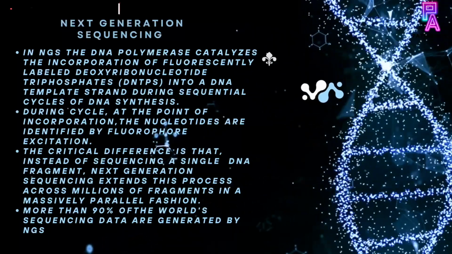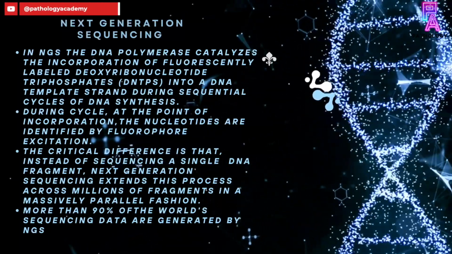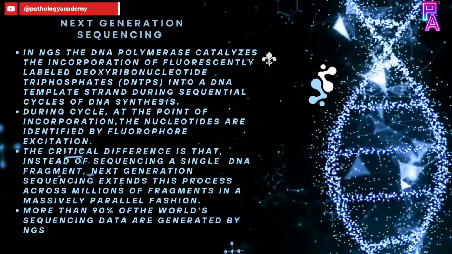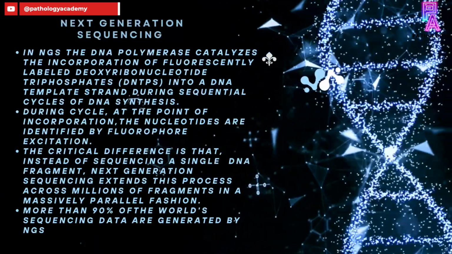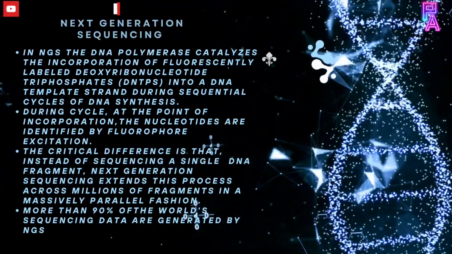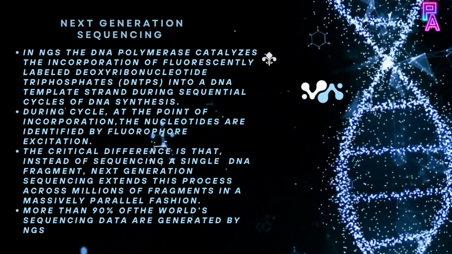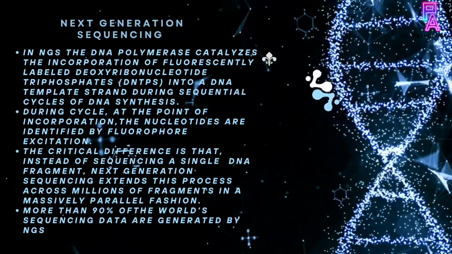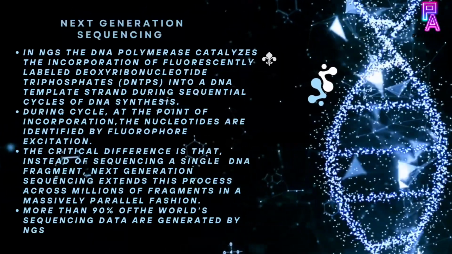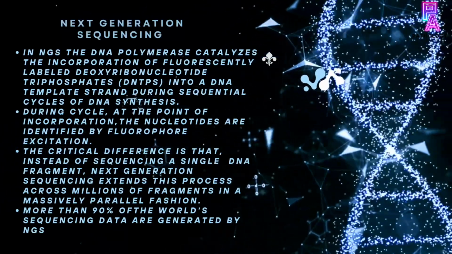The critical difference is that instead of sequencing in a single DNA fragment, next generation sequencing extends this process across millions of fragments in a massively parallel fashion. Now, more than 90% of the world's sequencing data are generated by the next generation sequencing method.